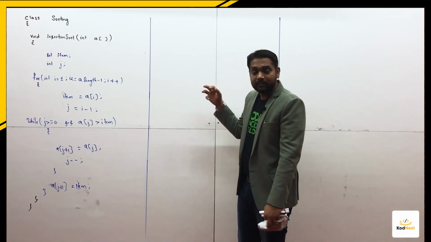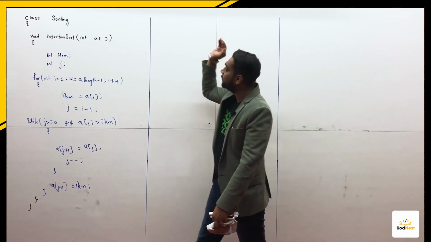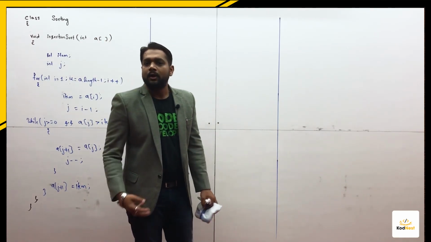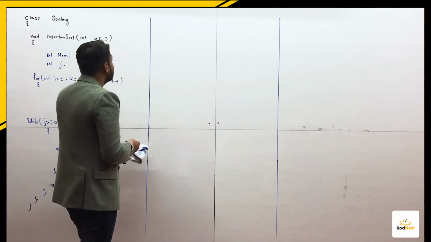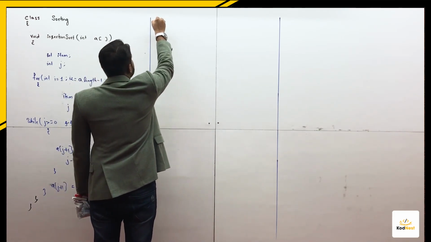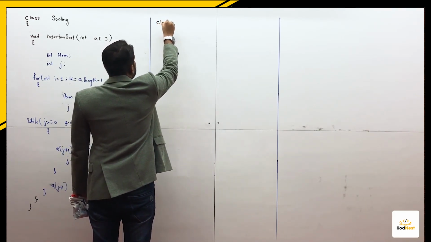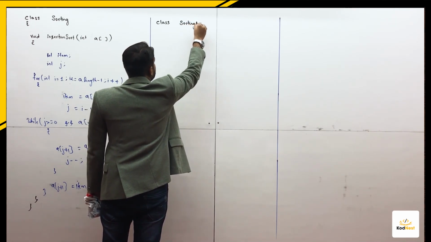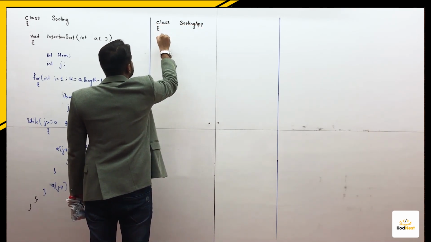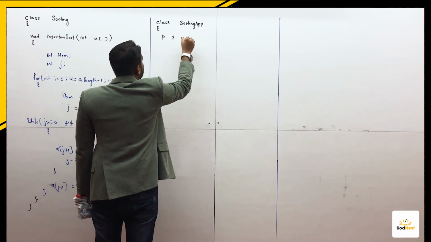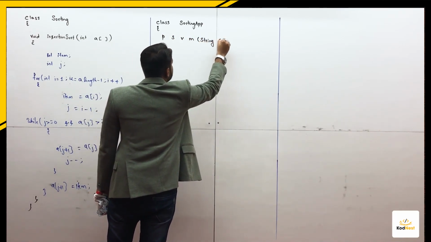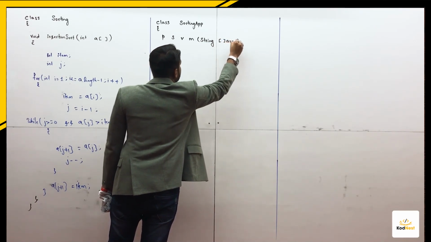That input I have to keep inside the array. That array I have to pass here so that he will perform sorting in the insertion sort way. All those things I will write in the main method, and main method I will keep in a class called sorting app. Inside this, I have public static void main, which would accept the string of args.